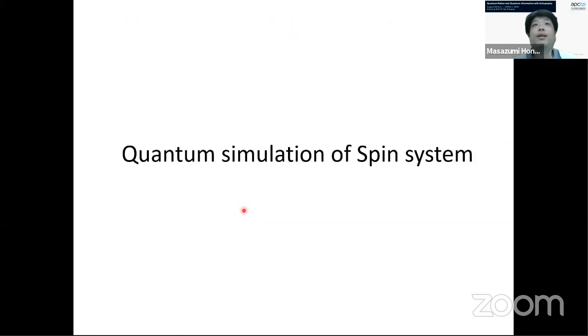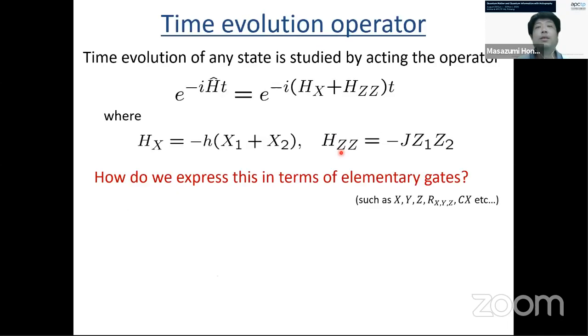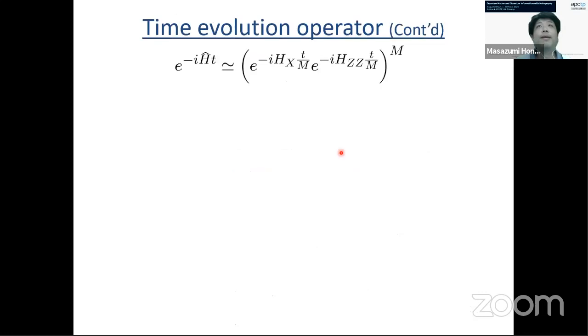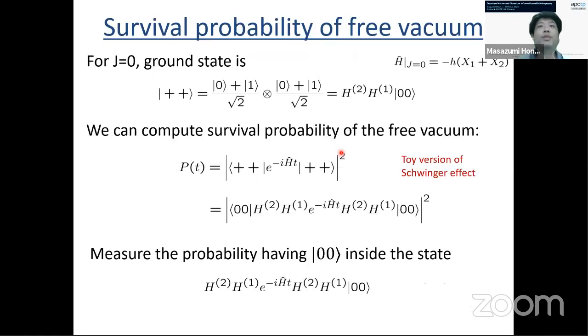After that, I discussed how to implement quantum simulation of a simple spin system, which is the transverse Ising model. We constructed the time evolution operator, and then we can compute the survival probability of some vacuum in the free limit by full time evolution.